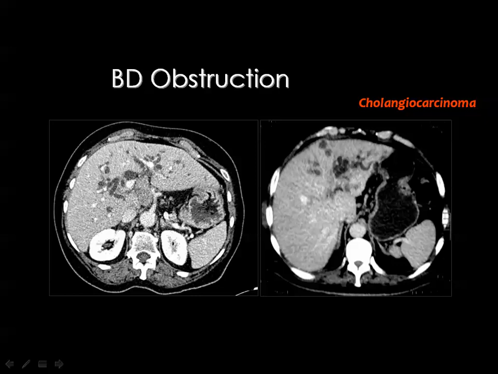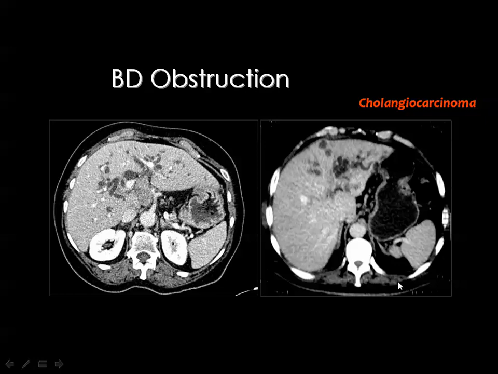And I will provide you an easy procedure to analyze the findings and reach the answer for both questions. Where is the site of the obstruction and what is the cause of obstruction?